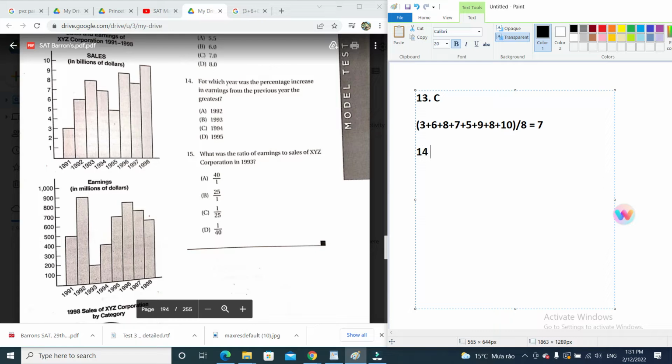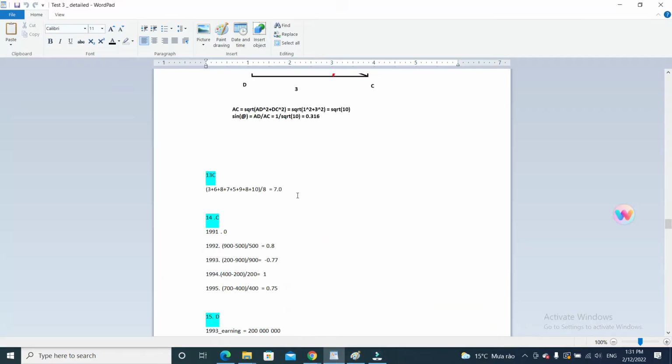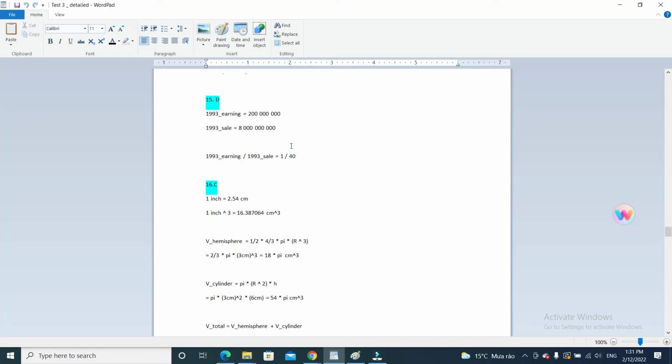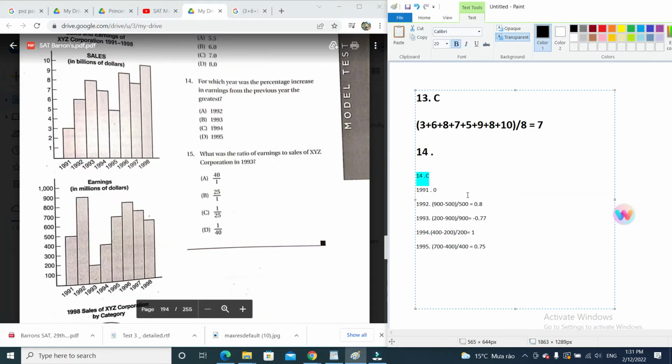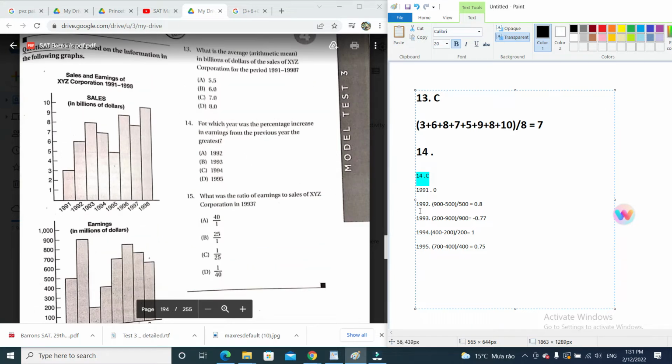So for number 14, of course in 91 there's 0% increase because that's the initial year.